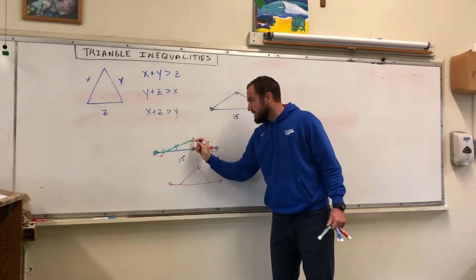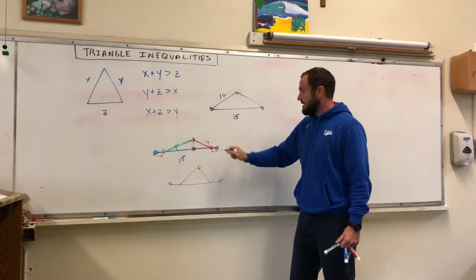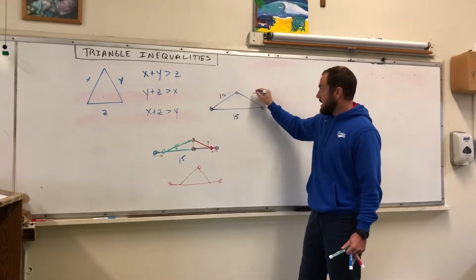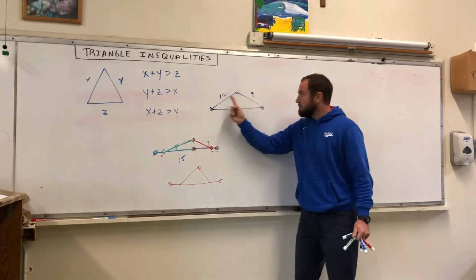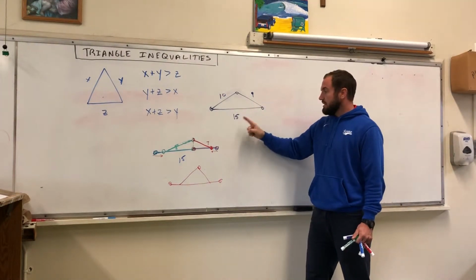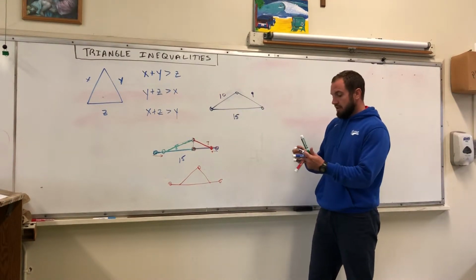So let's say I wanted to connect to here. Maybe I would make this 10, and let's say I would want to connect to here, I would have to make this 9. And if you see, 10 plus 9, 19, that's greater than 15. 15 plus 9, that's greater than 10.